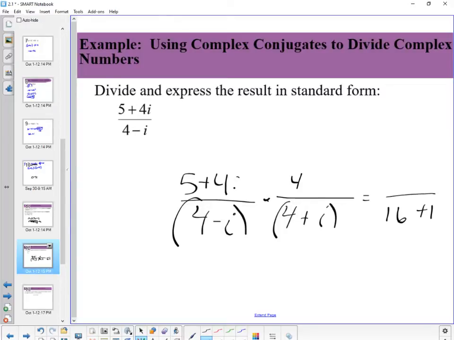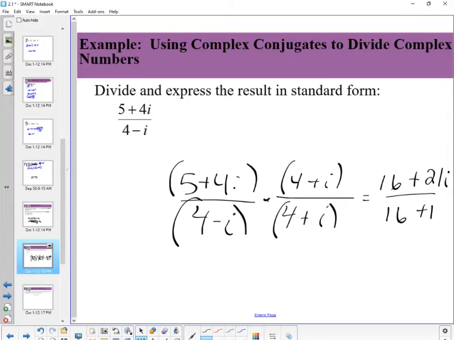So I'm going to do it up here, plus i, so now I have to use my FOIL method. So what is this going to be? 20 minus 4, 16? Sure. And then I've got 5 plus 16, which is 21.